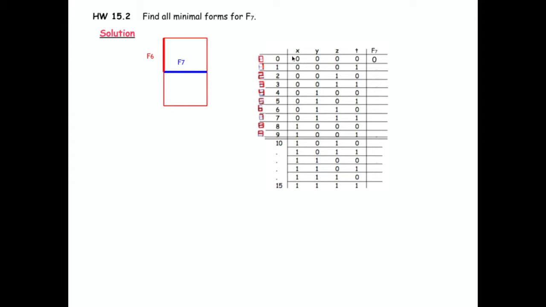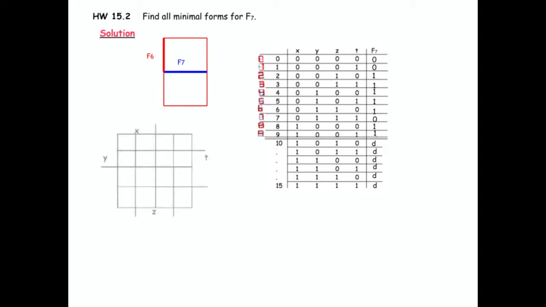So 0 and 1 don't have the crossbar, 2 has the crossbar, 3 has the crossbar, 4 has the crossbar, 5, 6 will do, 7 doesn't have crossbar, and then 8 and 9 do as well, right? And then of course, we have our Ds for 10 through 15 for all 7 of the functions, right?